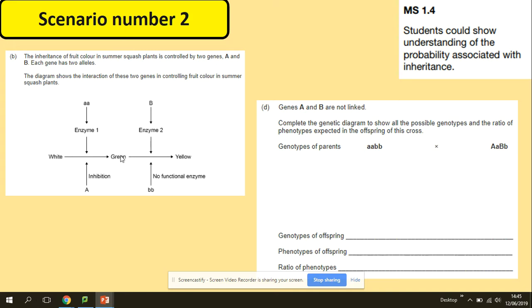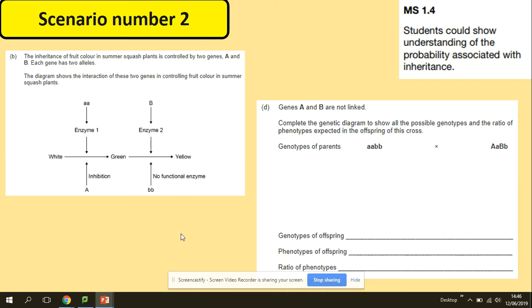But from green to yellow, we can only get there if we've got at least one of the dominant alleles, B, which codes for enzyme B. But also what we've got here, big A shows the inhibition. So if that's there, inhibition is taking place, and the recessive homozygous will produce non-functional enzyme. Hence, we're not going to get a yellow color.